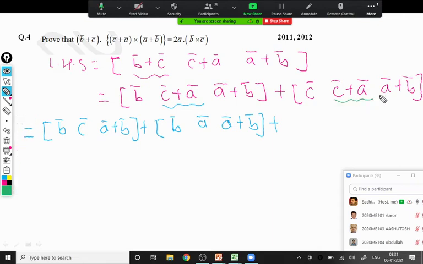Now we apply the distributive property to the middle term, and I write here C, C, A plus B plus C, A plus B.